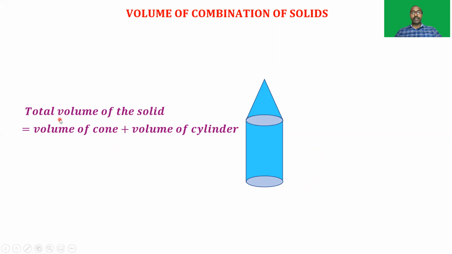So the volume of the solid so formed is equal to the sum of the volumes of the objects we have taken while forming this solid. Okay. And similarly, one more example.